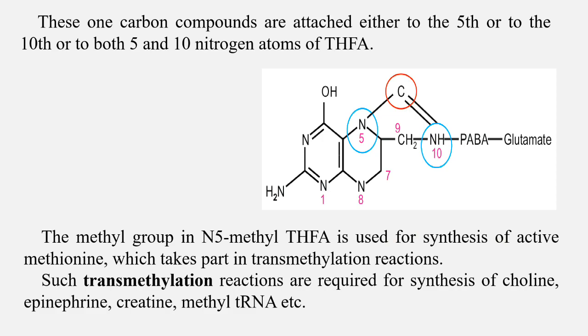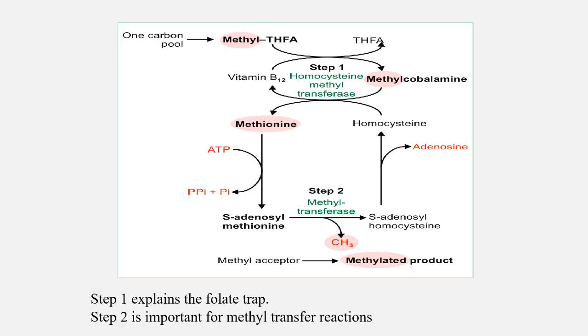In enzyme classification, transferases include these reactions. Such transmethylation reactions are required for the synthesis of choline from serine, epinephrine from norepinephrine, creatine from guanidinoacetic acid, and tRNA to form methyl tRNA, etc.